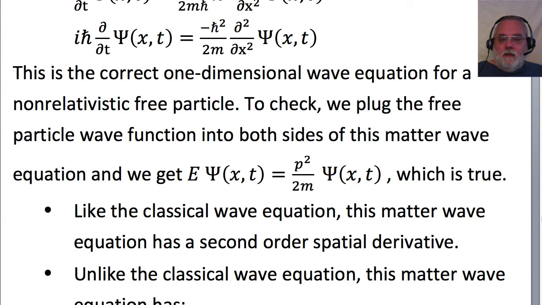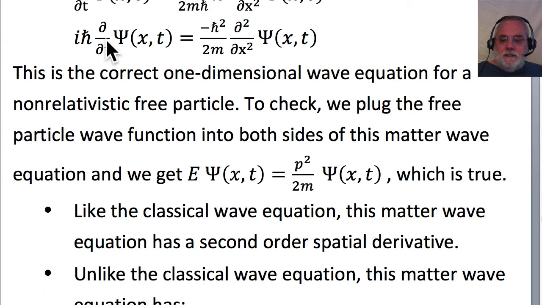Like the classical wave equation, this matter wave equation has a second order spatial derivative. Here's the second order spatial derivative. However, unlike the classical wave equation, this matter wave equation has a first order time derivative, not a second order time derivative. Also, it has this imaginary number i associated with the time derivative.